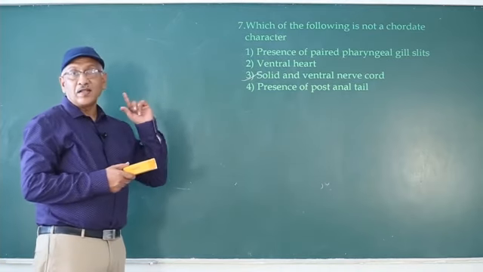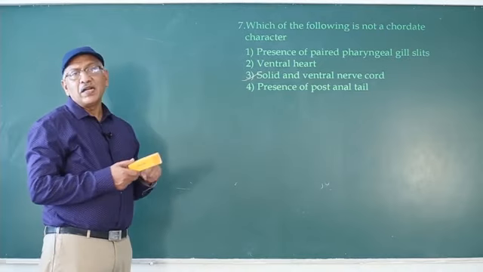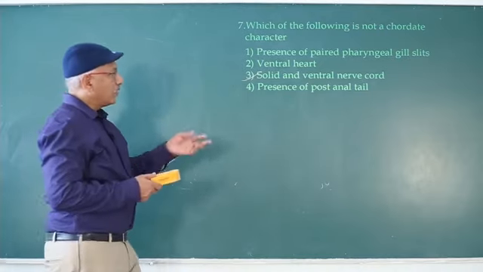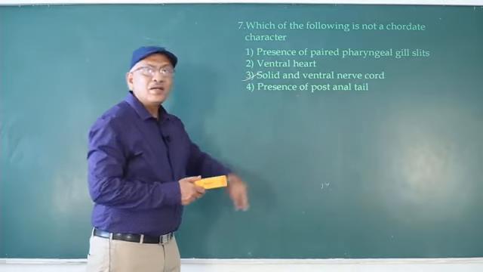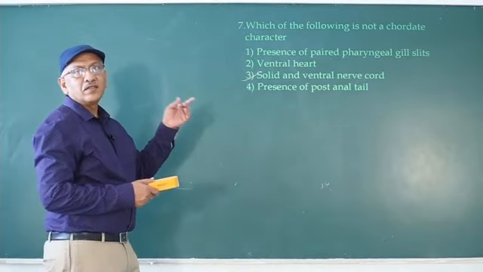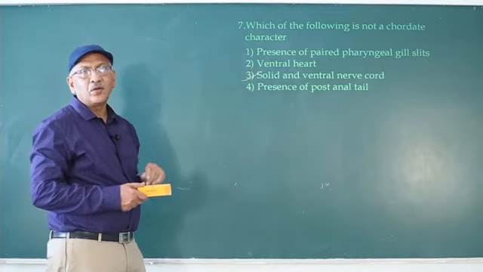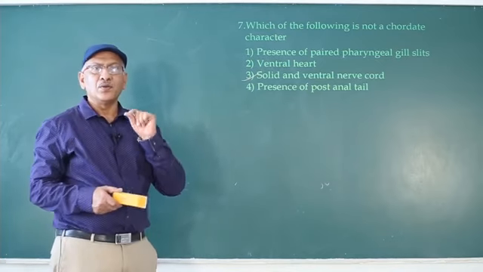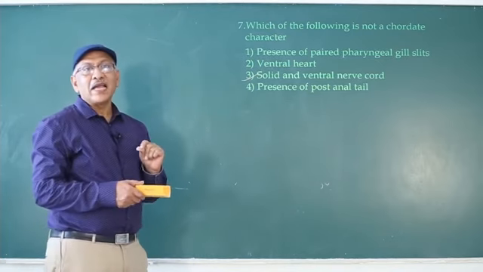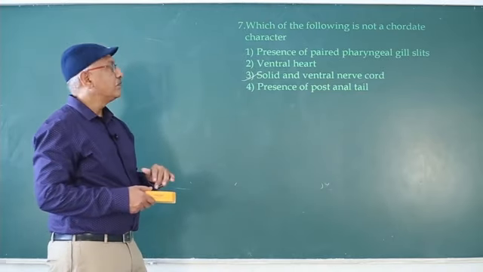Nerve cord is present on the dorsal surface and it is solid, but here a ventral nerve cord is mentioned. Presence of nerve cord is a chordate character, but it is not present on the ventral surface. In all chordates, the nerve cord is present on the dorsal surface. In invertebrates, the nerve cord is ganglionated, with ganglia present on the ventral surface.